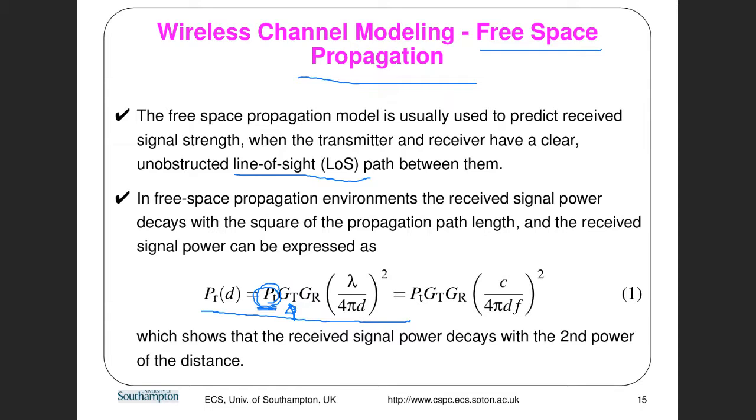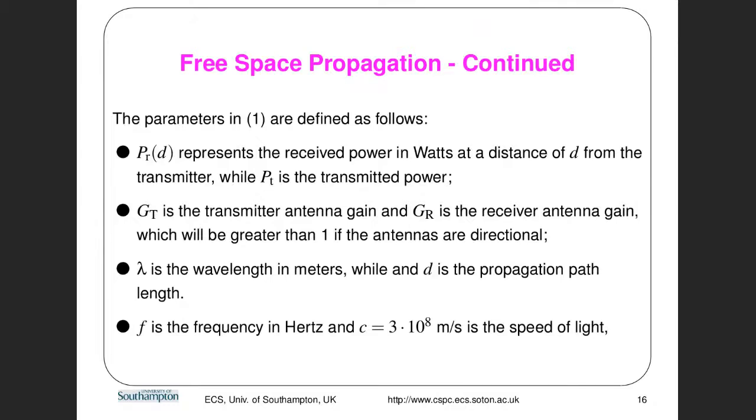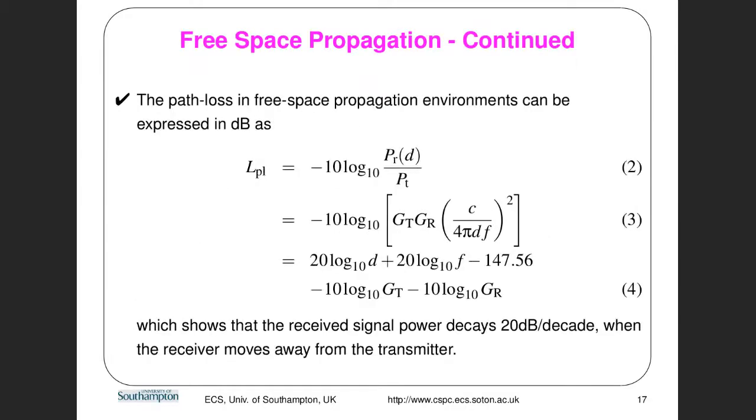Anyway, all these parameters, we have learned the meanings of them in the morning, and the biggest takeaway is that the level of received signal power is a function of distance. As the distance increases, the received signal power reduces. We further expand the equation to express it in decibels, in dB, so that we can separate all those parameters and look at them separately.